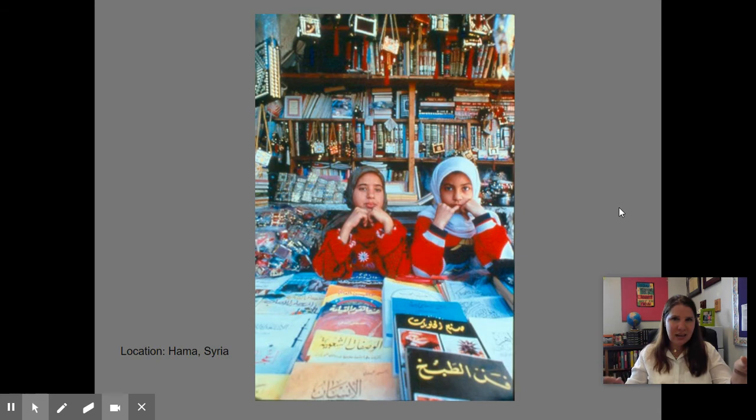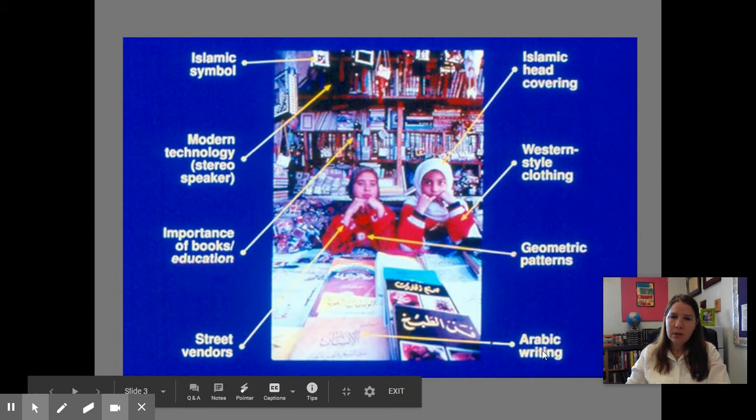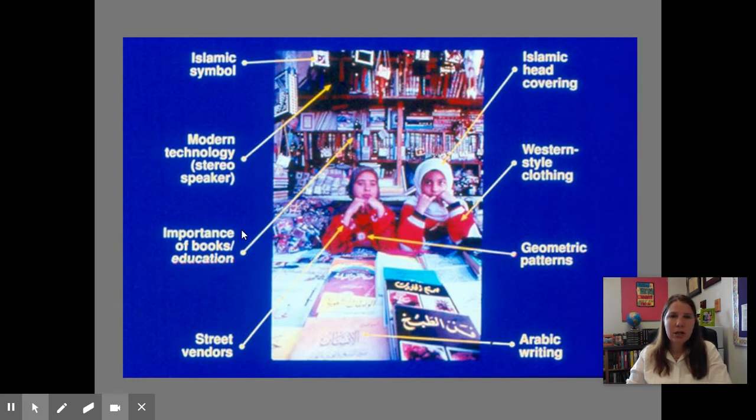So just to get an idea, Ms. Smith will talk you through this. And then this is kind of where if we were writing our notes about this, we would write down notes and we would say, all right, we noticed that the writing is in Arabic, that these ladies are street vendors. The importance of books and education because they're selling books and magazines. We noticed the crescent moon and star Islamic symbol.